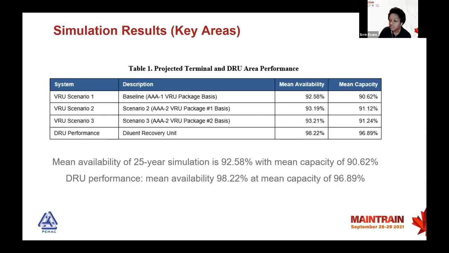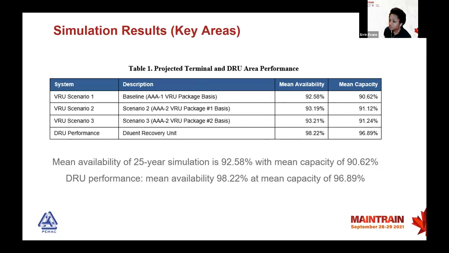So if we look at the simulation results for key areas, the baseline scenario that was used was selecting one of the VRU packages as a basis and then using the other two for comparison. The mean availability of the baseline was 92.58% at a mean capacity of 90.62%.